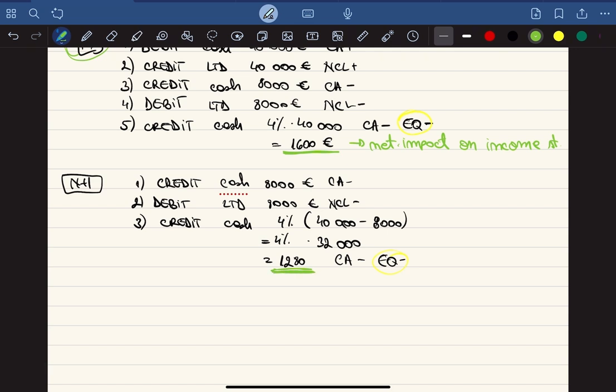As well as 1,280 is the net income. This one is in year N+1.